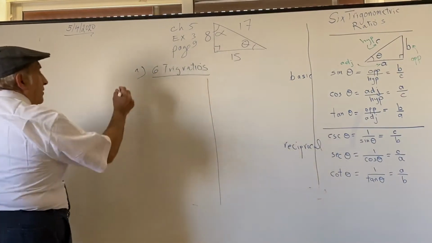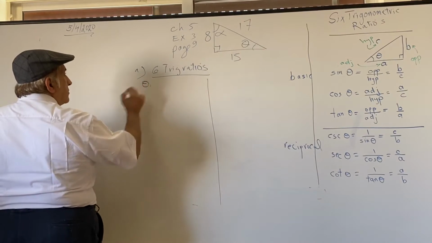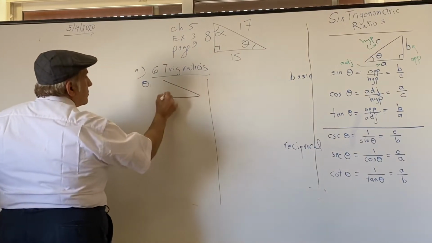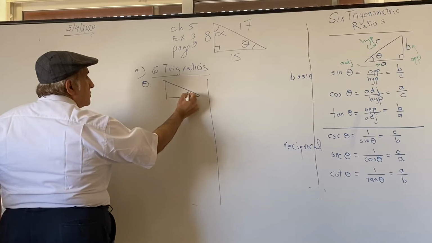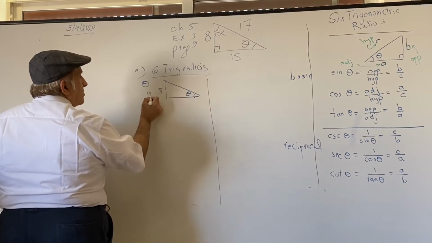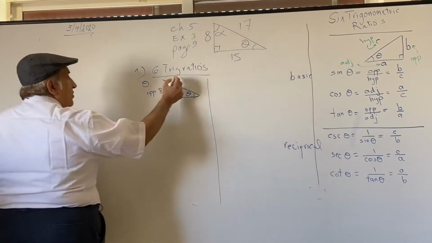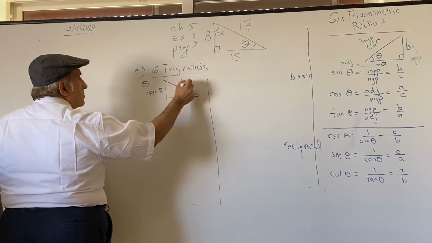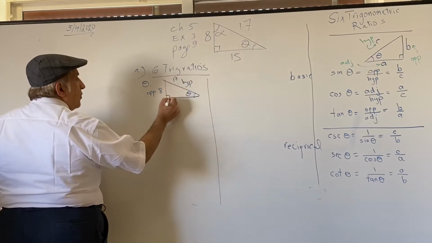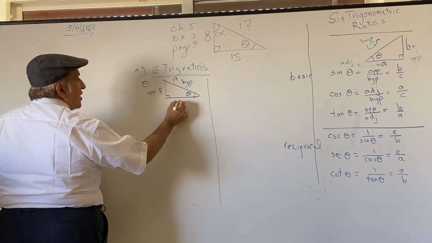the angle theta, then theta, this is called opposite. This is called hypotenuse. Therefore, this is called the adjacent.